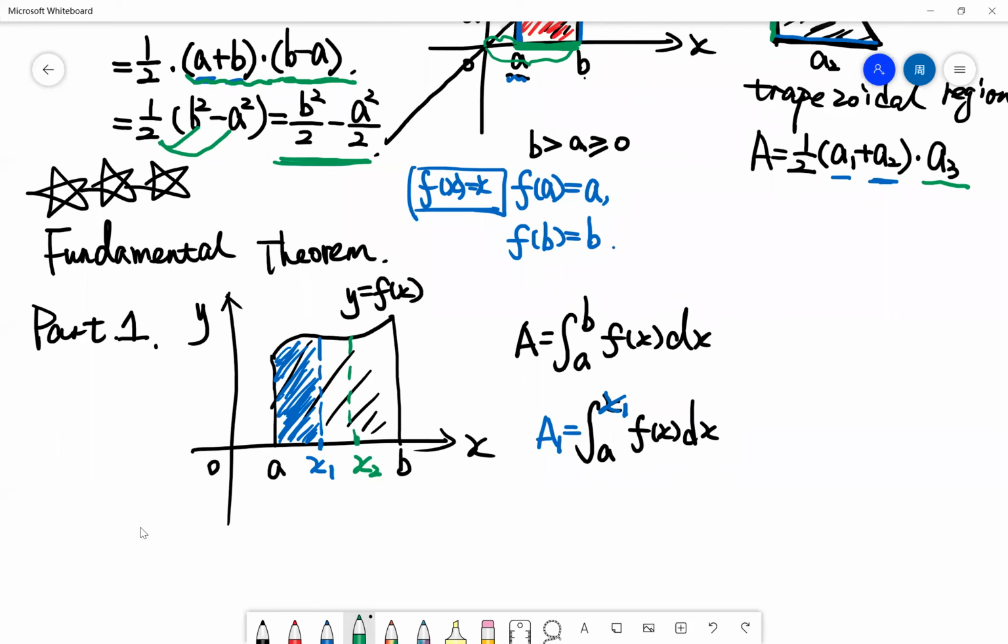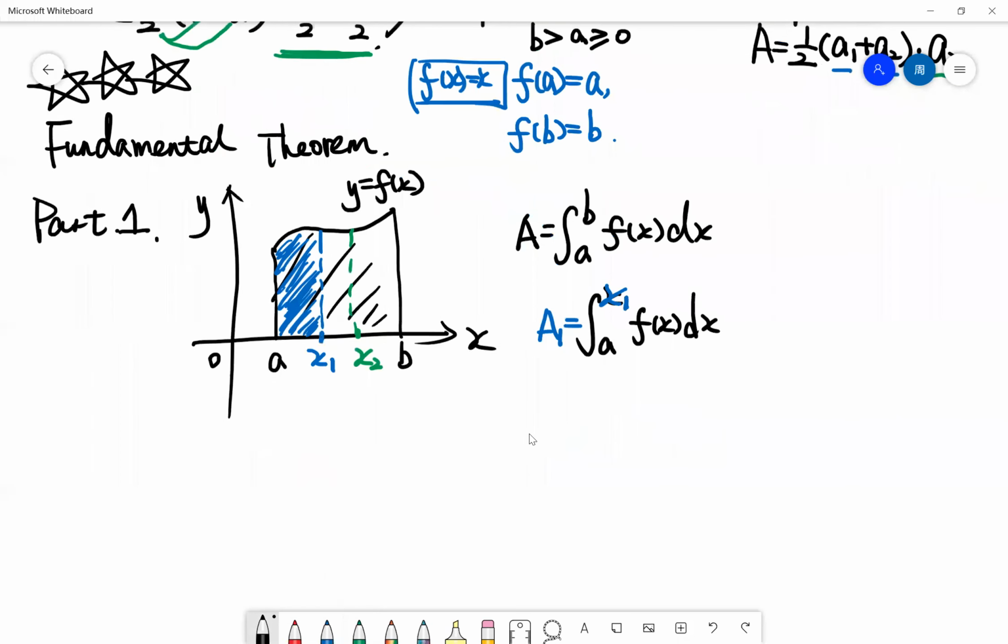And if I choose another point between A and B, maybe this point, I will get a new definite integral again, that is from A to x2, f of x dx. That equals, maybe I can call it A2 here.